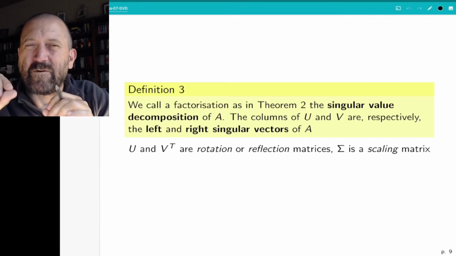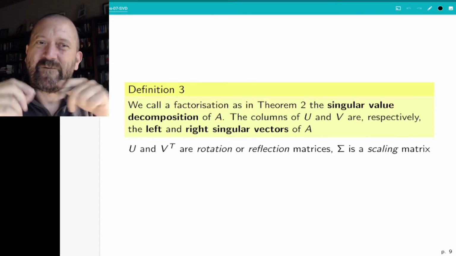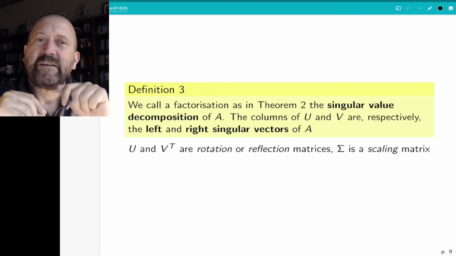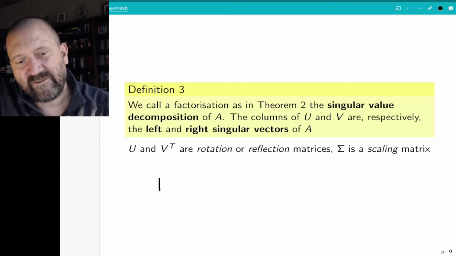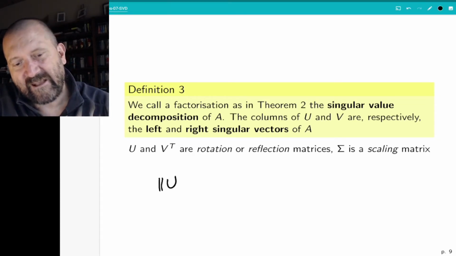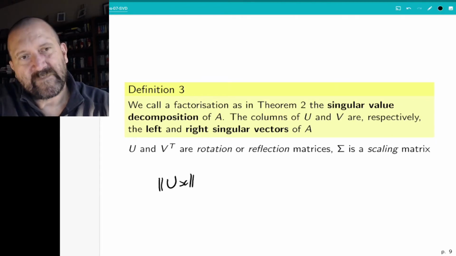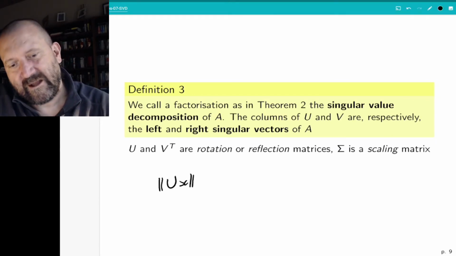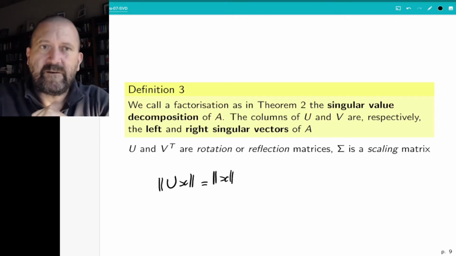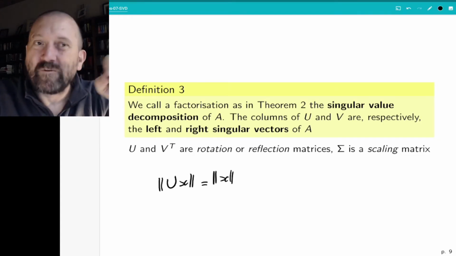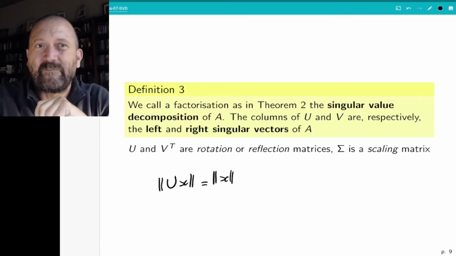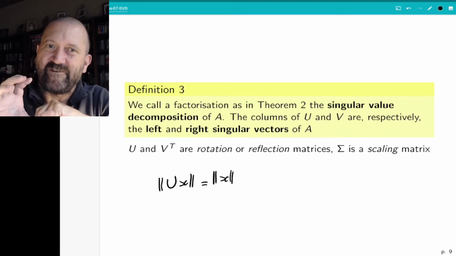And if you remember, one of the things we were discussing before is that if I compute Ux for any x with an orthogonal matrix, I get the same length as x. Remember we said this meant that you encoded an isometry, something that does not change distances.